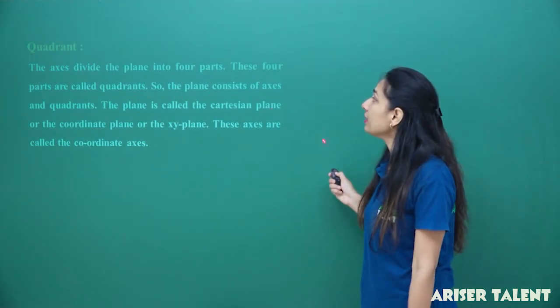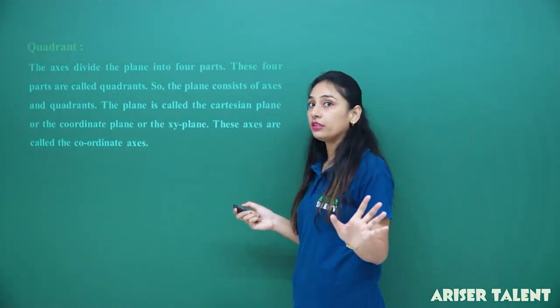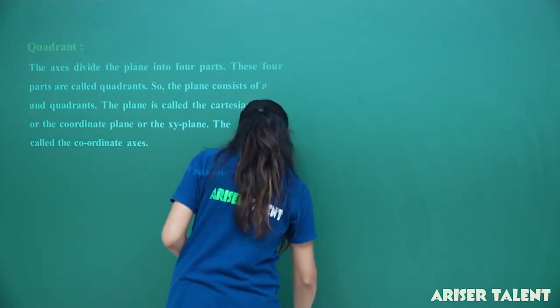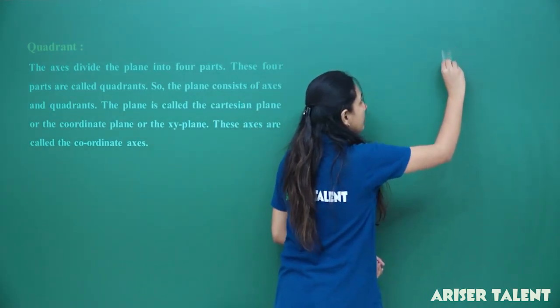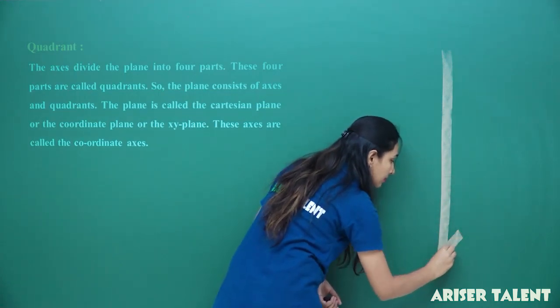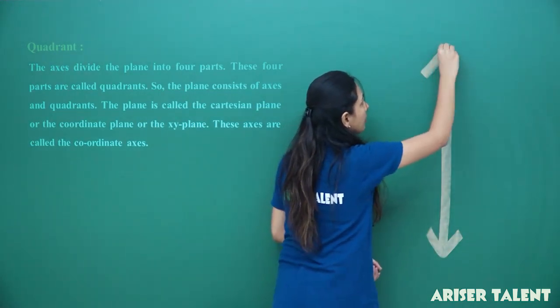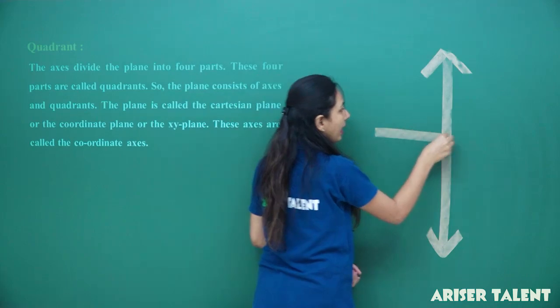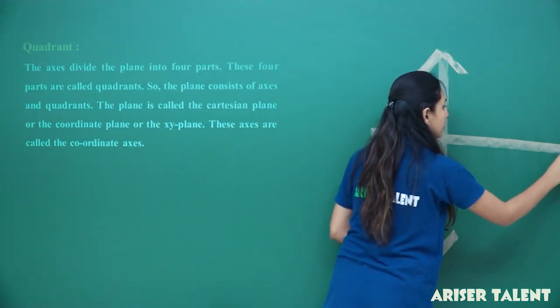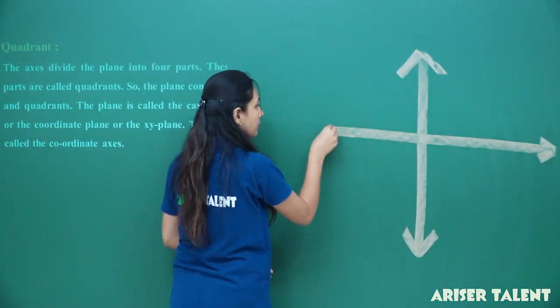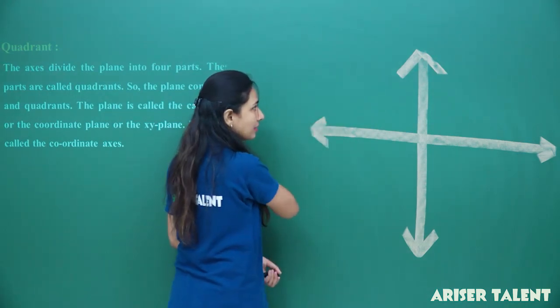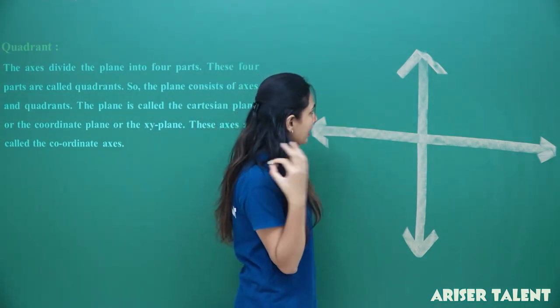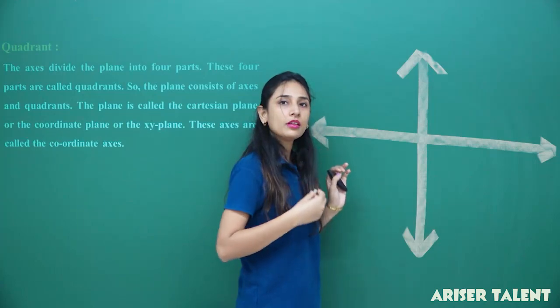So the plane consists of axis and quadrant. Why are we making this big diagram? Because we have to understand it thoroughly.